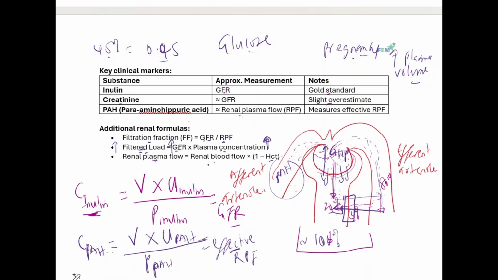So from here, I can calculate my renal blood flow. The renal blood flow is going to be equal to my renal plasma flow divided by what? 1 minus hematocrit. And that will give you your renal blood flow.